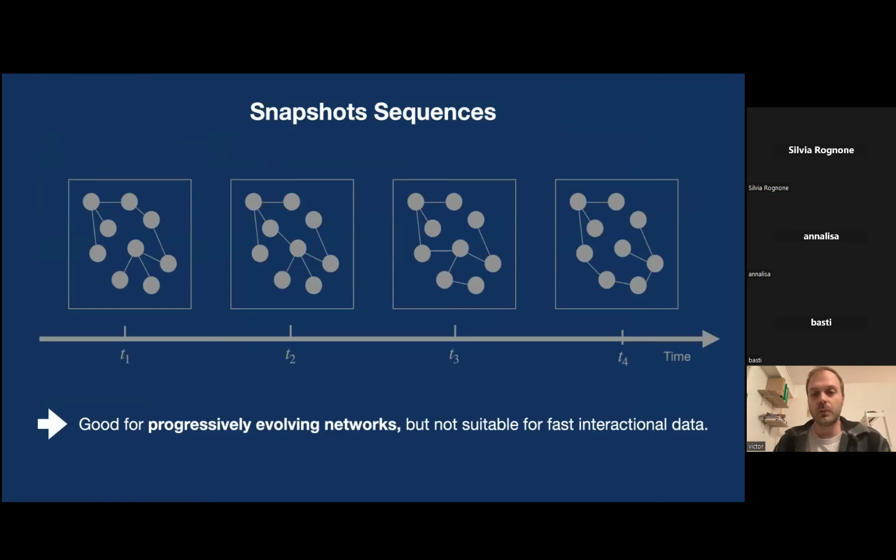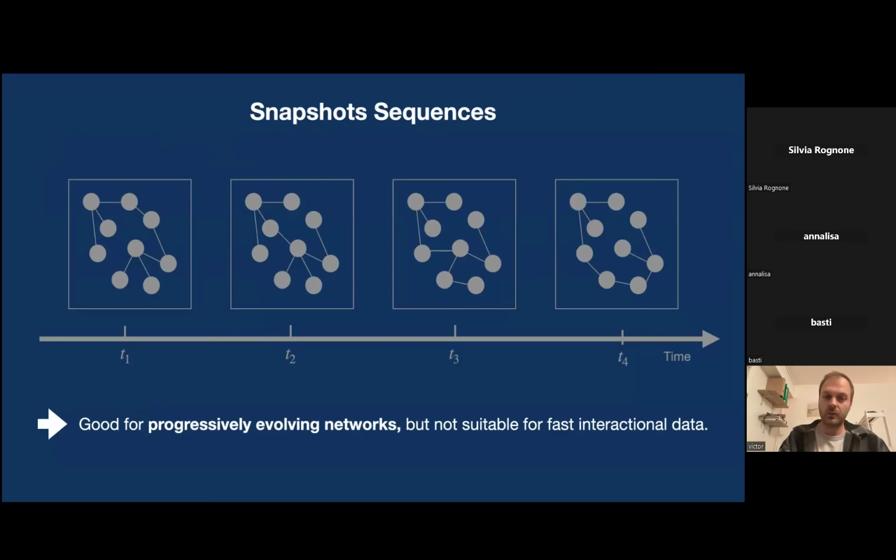The most common thing to do when we want to talk about temporal networks is to take snapshot sequences when you have slowly evolving networks, when edges don't change very much.